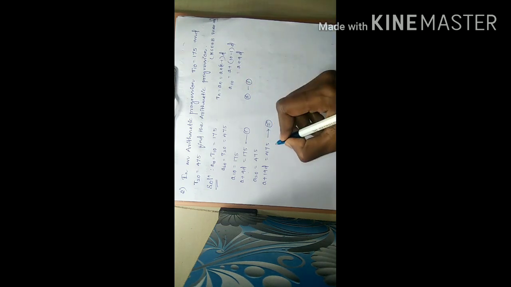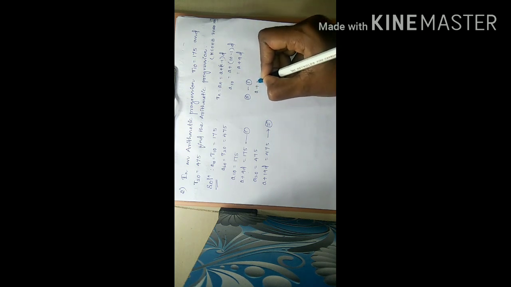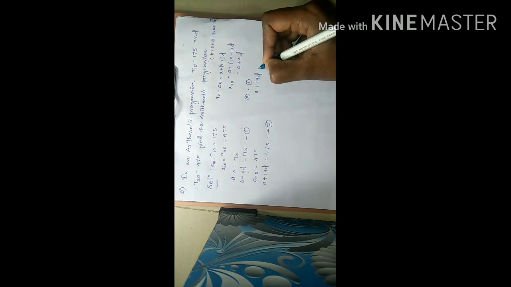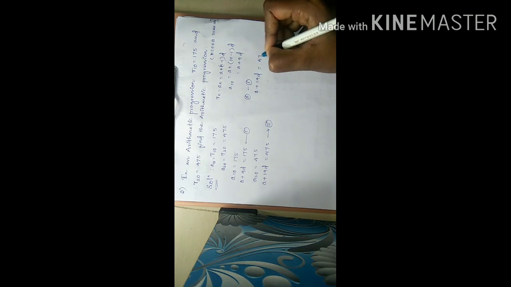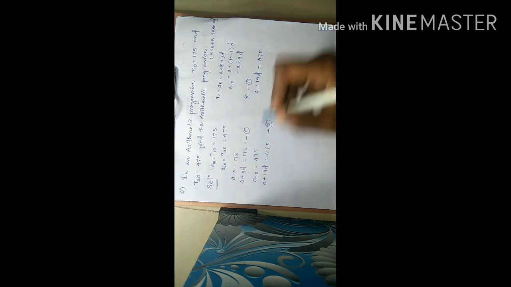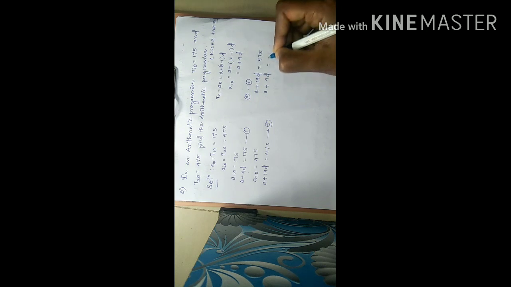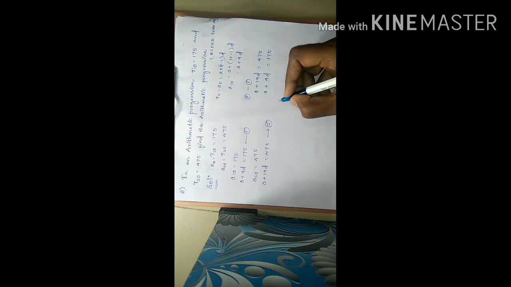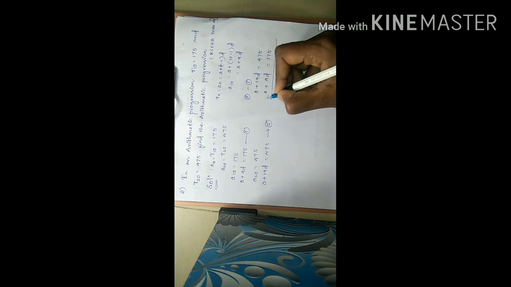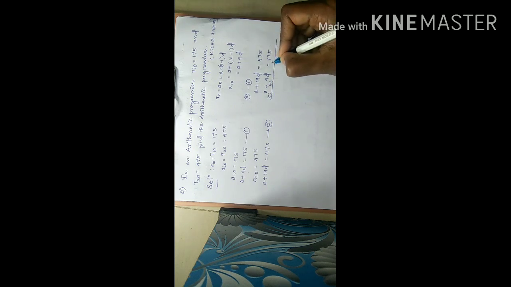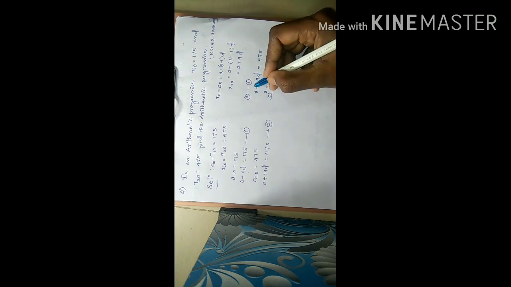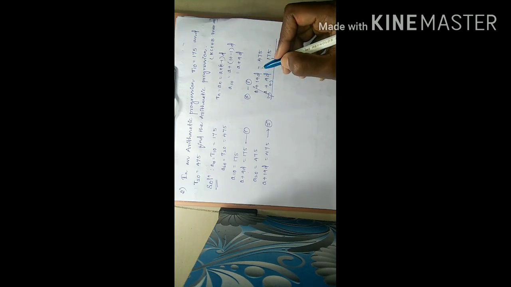What is equation number 2? That is A plus 19D is equal to 475. Equation number 1, A plus 9D is equal to 175. Insert minus symbol. A minus A will get cancelled. This is by the elimination method.